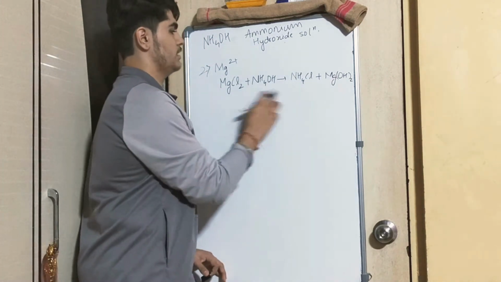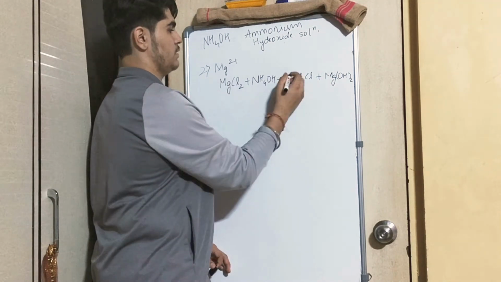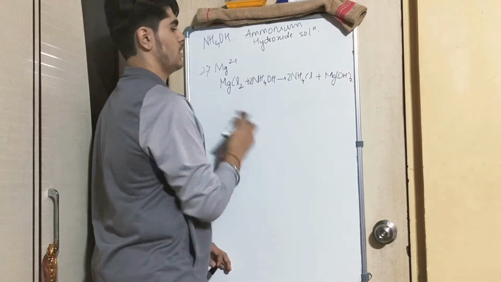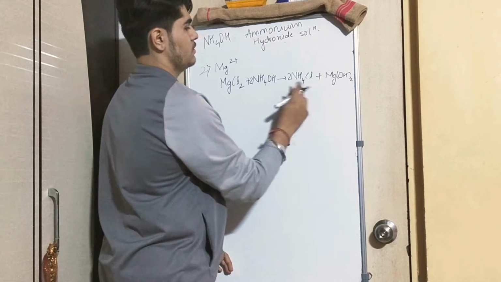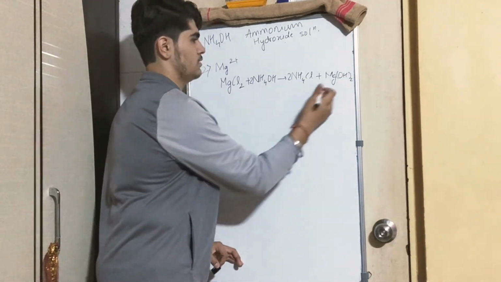Okay, let's balance the equation. OH twice, Cl twice, so 2 here comes, 2 here comes, the equation is balanced.